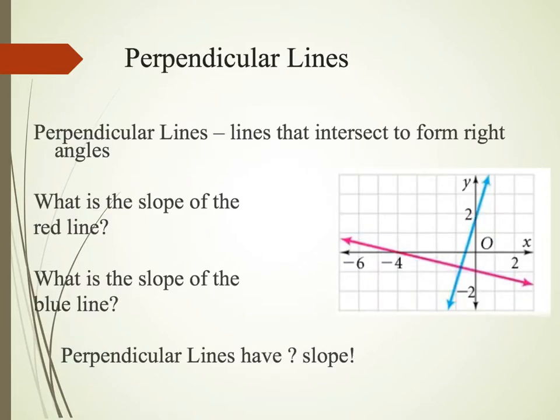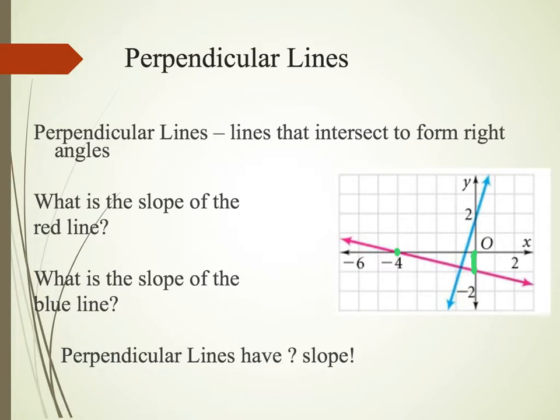Now, perpendicular lines. When dealing with perpendicular lines, we should all know those are two lines that intersect that make a right angle. Always, always, always. So the first question says, what is the slope of the red line? So if I pick 2 points, I'm going to pick this one and this one.